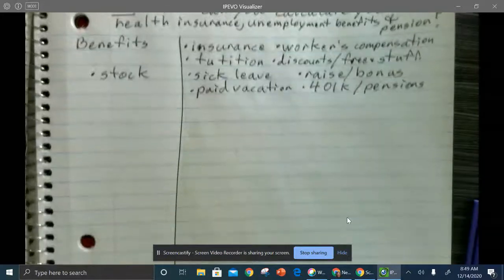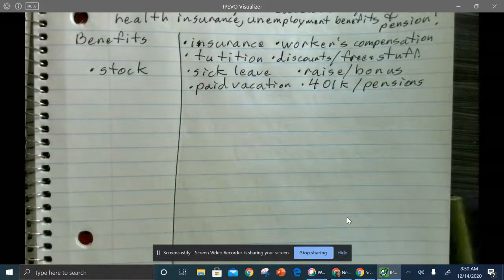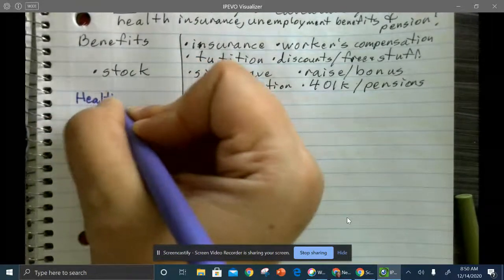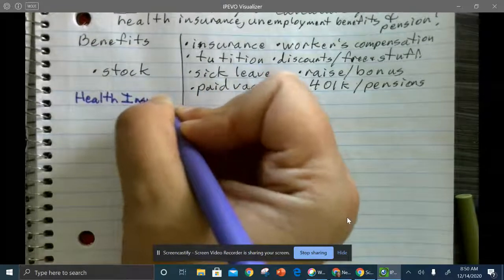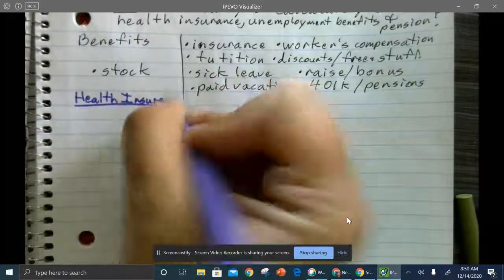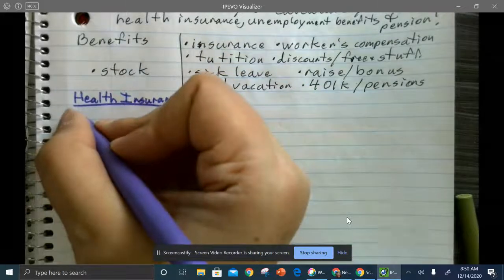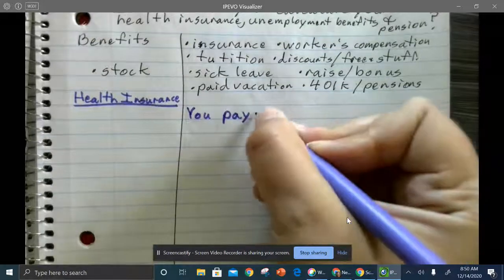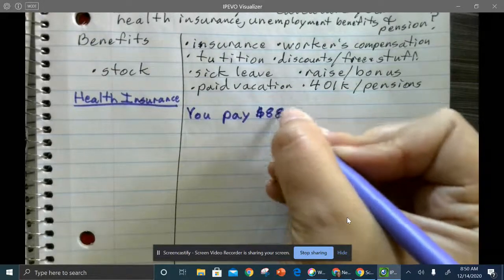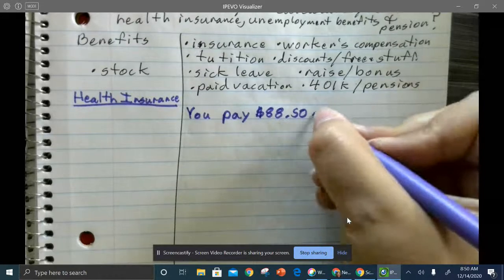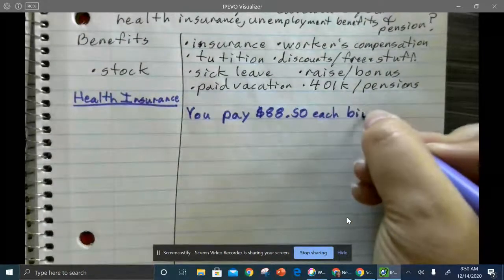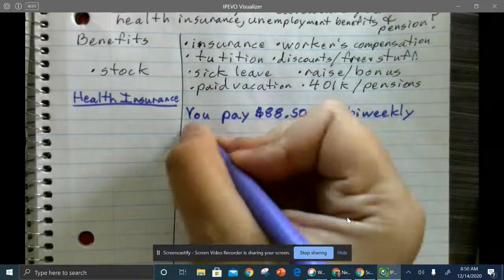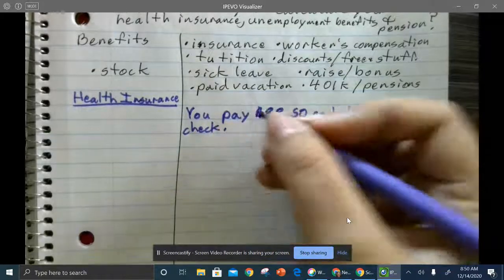Okay, so let's say everybody, so this one we're going to start looking at health insurance. Okay, so that's what we're going to talk about. So you pay $88.50 each bi-weekly paycheck.